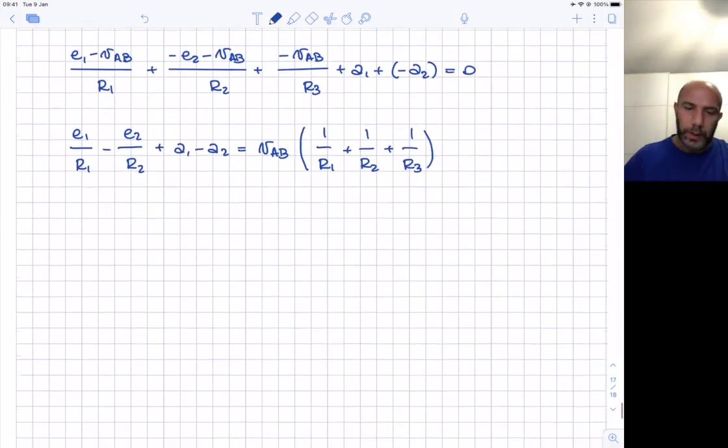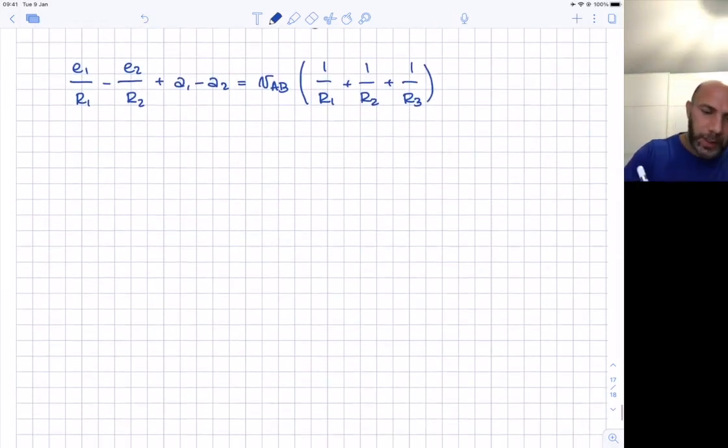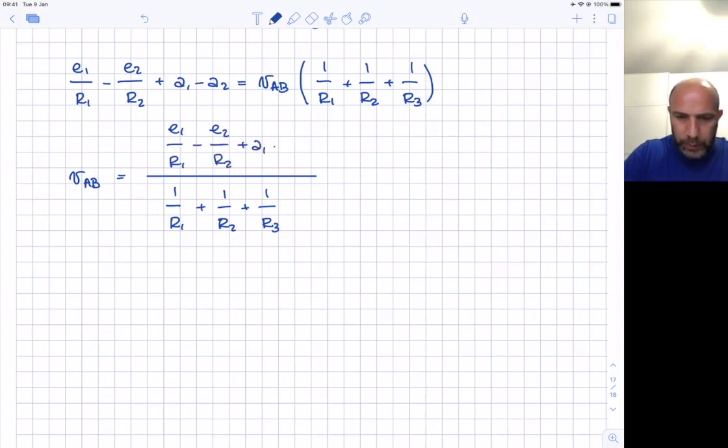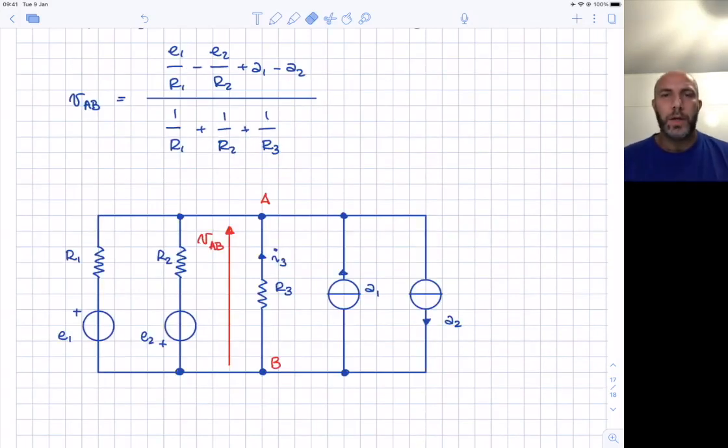And so, solving for VAB, we have a formula where the denominator is made by 1 over R1 plus 1 over R2 plus 1 over R3, and the numerator is made by E1 over R1 minus E2 over R2 plus A1 minus A2. This formula is known as Millman's theorem.